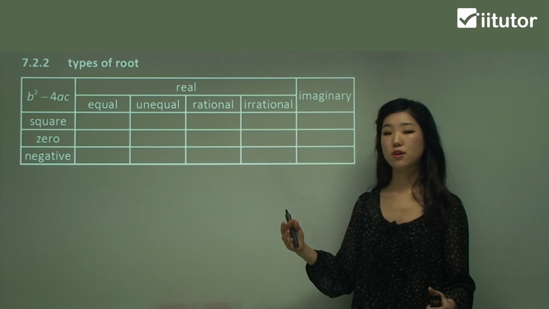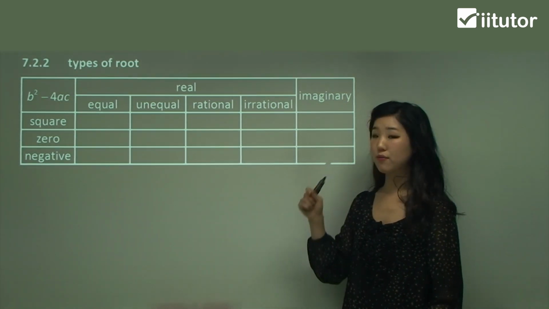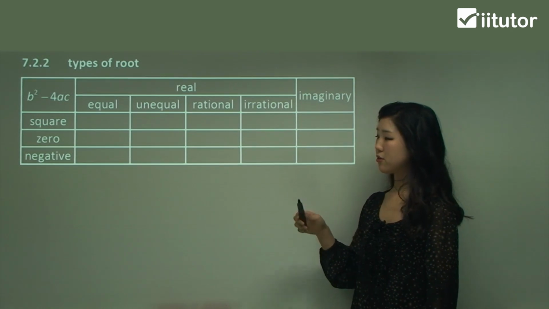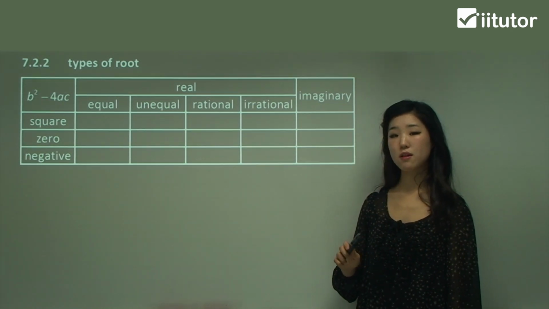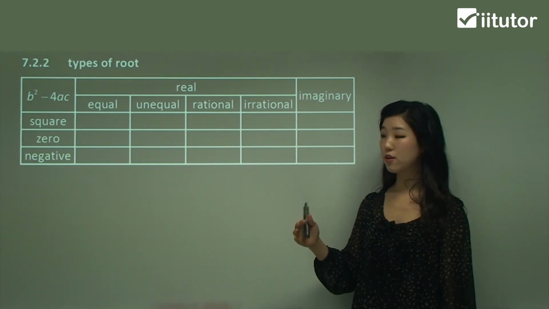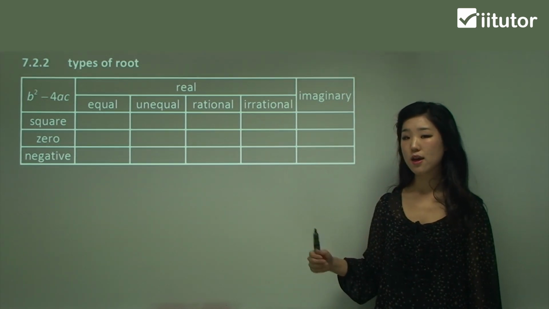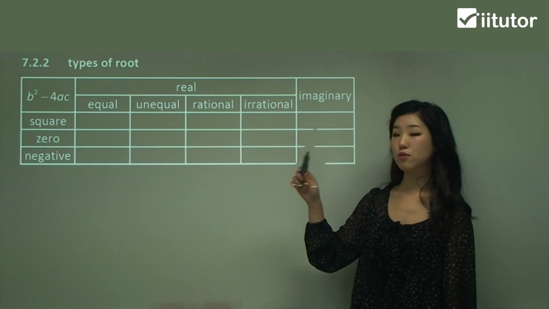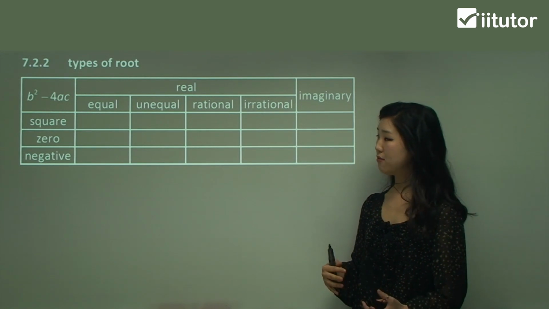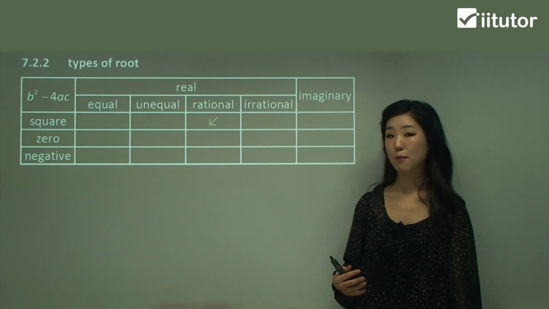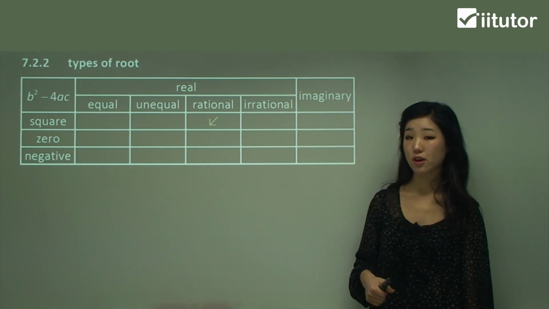Because the root is the actual root of the quadratic function, and if we put it into our quadratic formula, minus b plus minus root b squared minus 4ac over 2a, if we put a square number into that square root, we're going to have a rational solution for the root, okay?